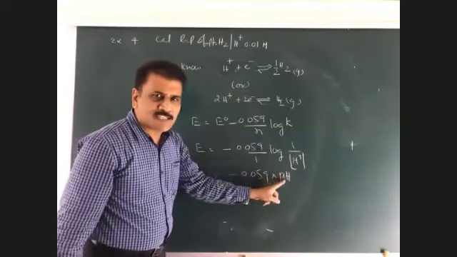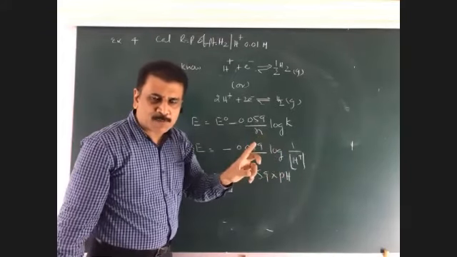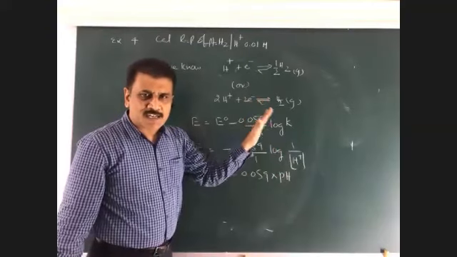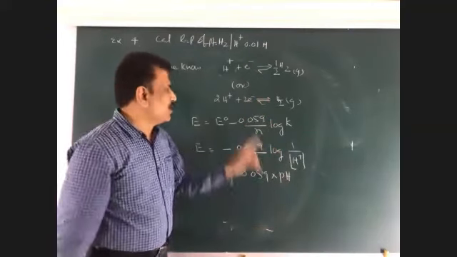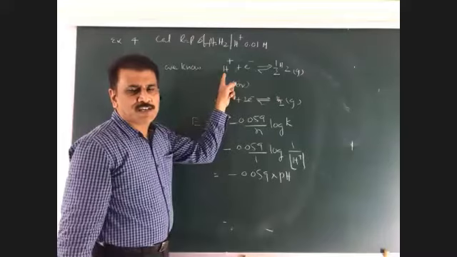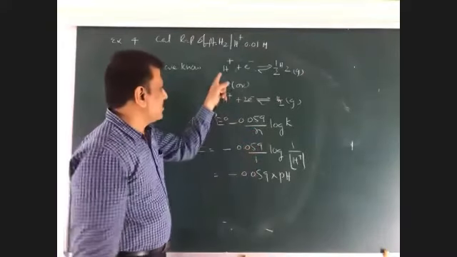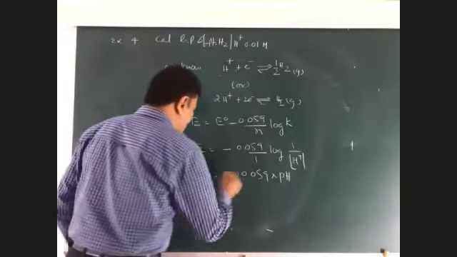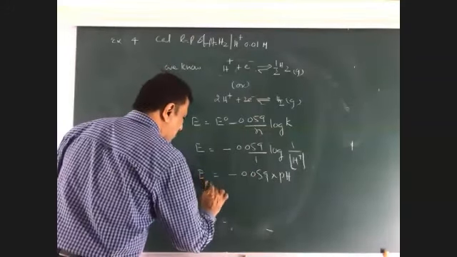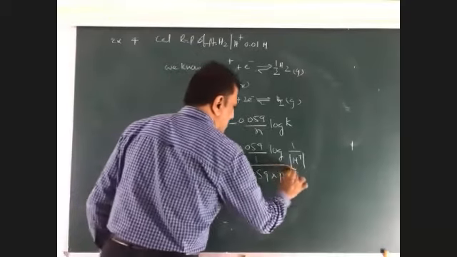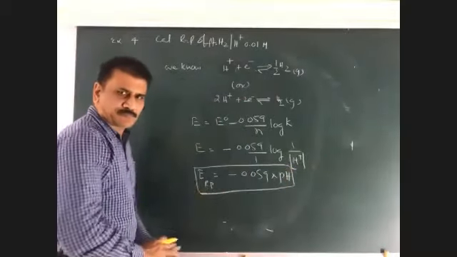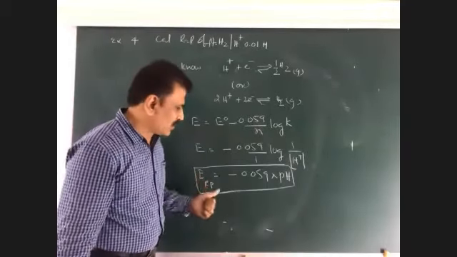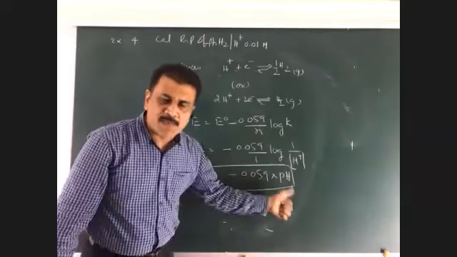But pH increases means the concentration of H plus ion decreases. If you take less concentration, the reduction potential decreases. If you take more concentration, the reduction potential increases. So this is the pH. This is another formula you have to remember for the hydrogen electrode. For any hydrogen electrode, to calculate the reduction potential, it is minus 0.059 into pH.